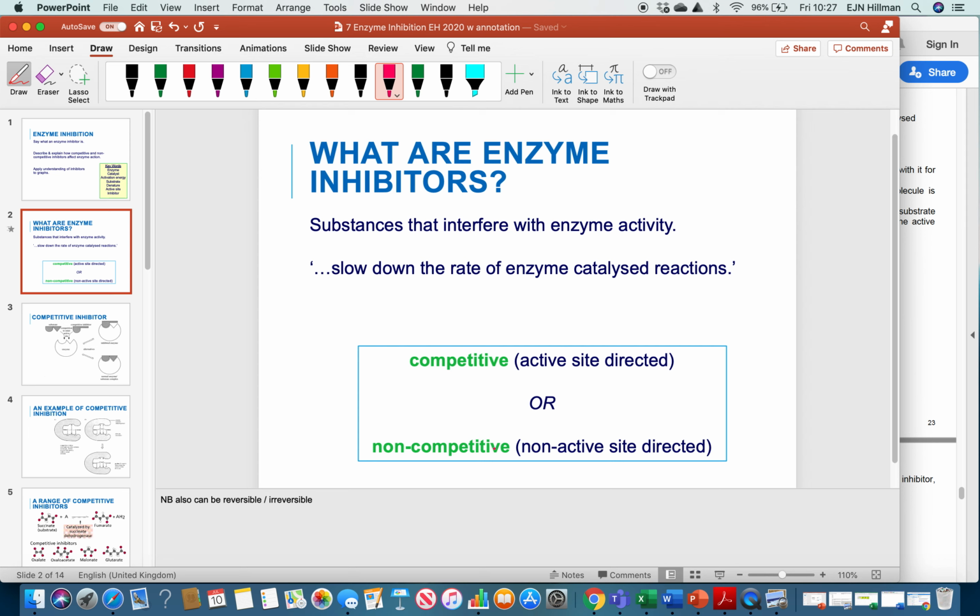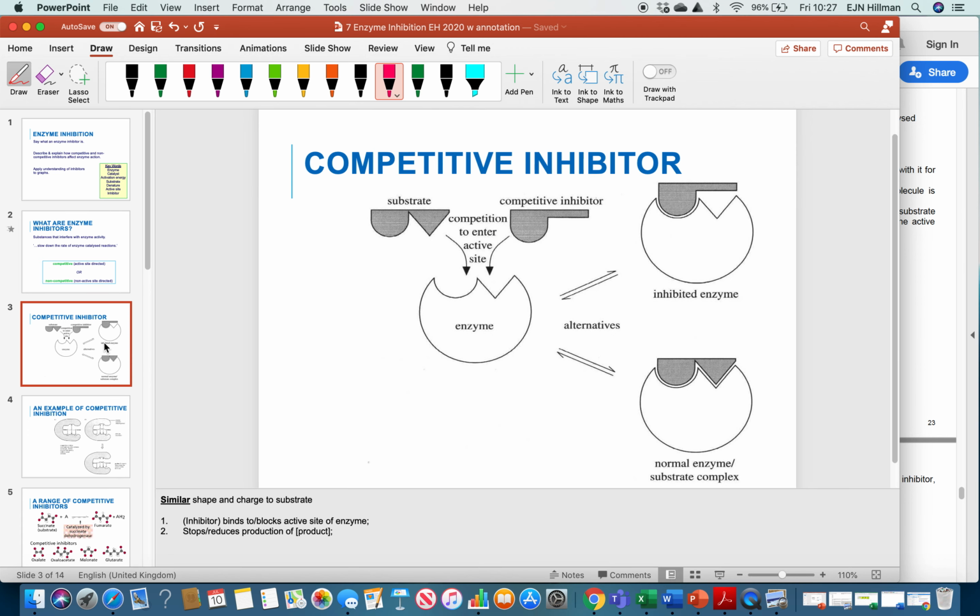And we'll look at this in a bit more detail, but broadly, competitive inhibitors are directed towards the active site of an enzyme, and a non-competitive inhibitor is directed towards a site away from the active site. So let's consider competitive inhibitors first.